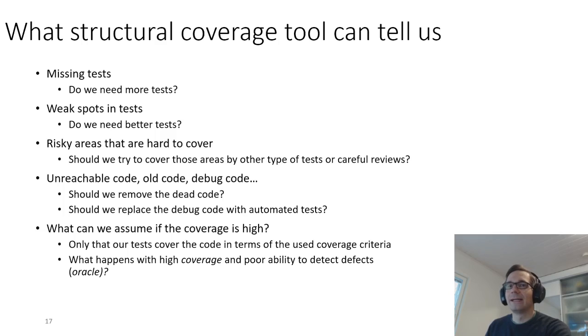So we might have high coverage, but if the tests have poor ability to detect defects, in other words, they have a poor oracle, then we might be happy with our high coverage without realizing that there are still defects in the software if the detection capabilities are low.